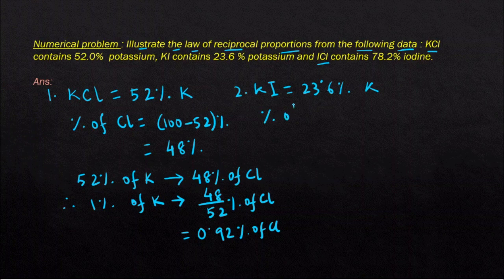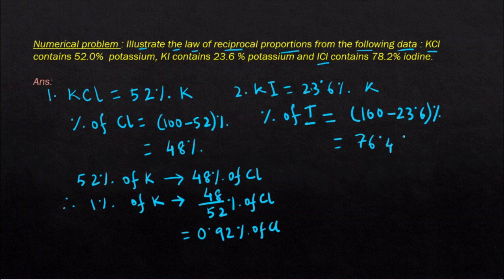Now let's perform the same type of operation for the second compound. The percentage of iodine for this compound is going to be 100 minus 23.6, which equals 76.4%.